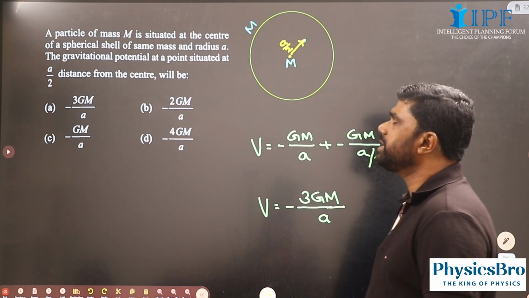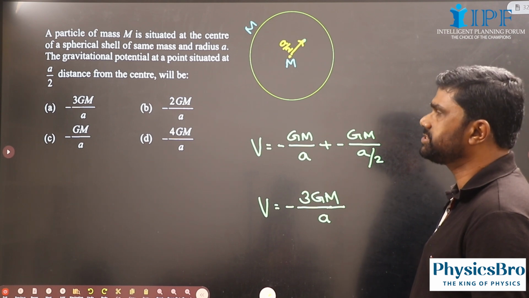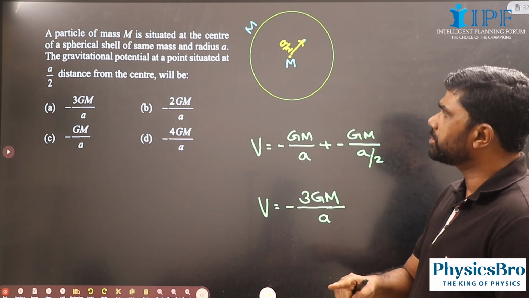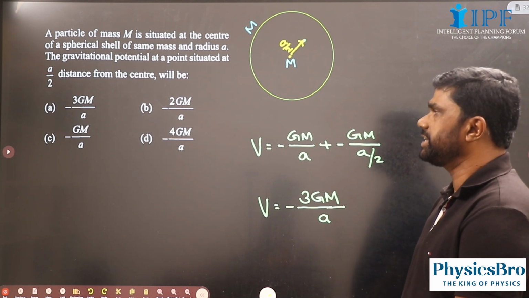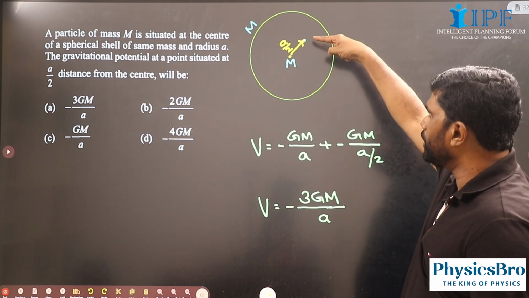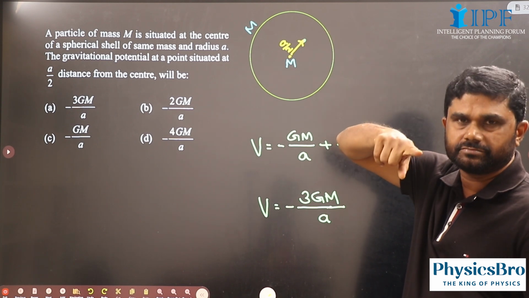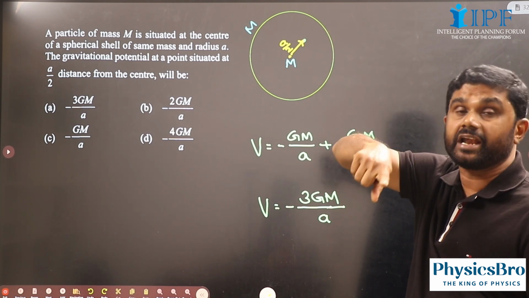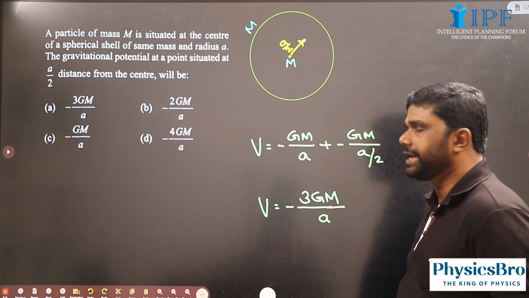A particle of mass capital M is situated at the center of a spherical shell of same mass and radius a. The gravitational potential at a point situated at a by 2 distance from the center will be. See, this is the point of observation, at a distance half the radius from the center of a shell of radius say small a.